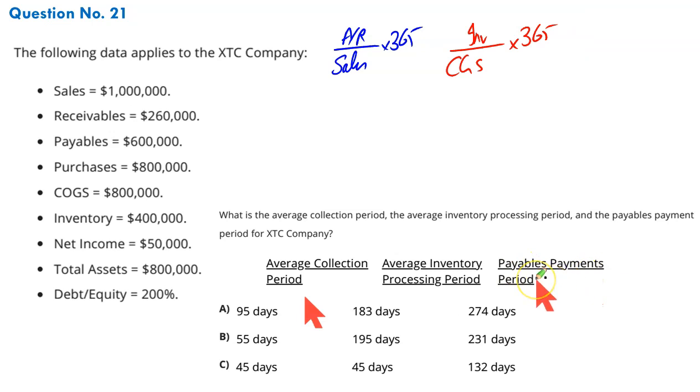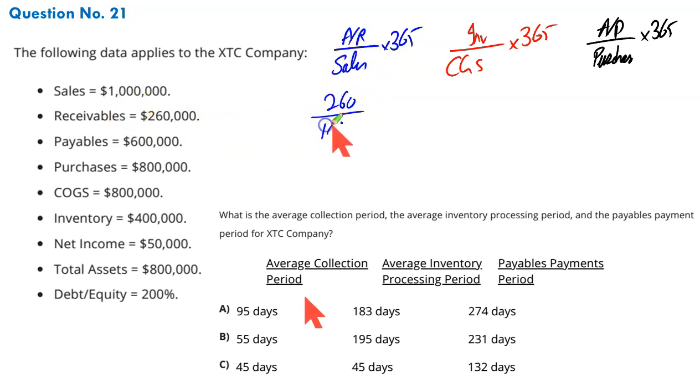Payables payment period, that is the average payment period, that is your average payable, account payable, upon your average purchases. Just like account receivable upon sales, account payables are driven by purchases, so we need to write these in the denominator multiplied by 365. Now plugging in the numbers, account receivable average is 260, I'm omitting zeros.